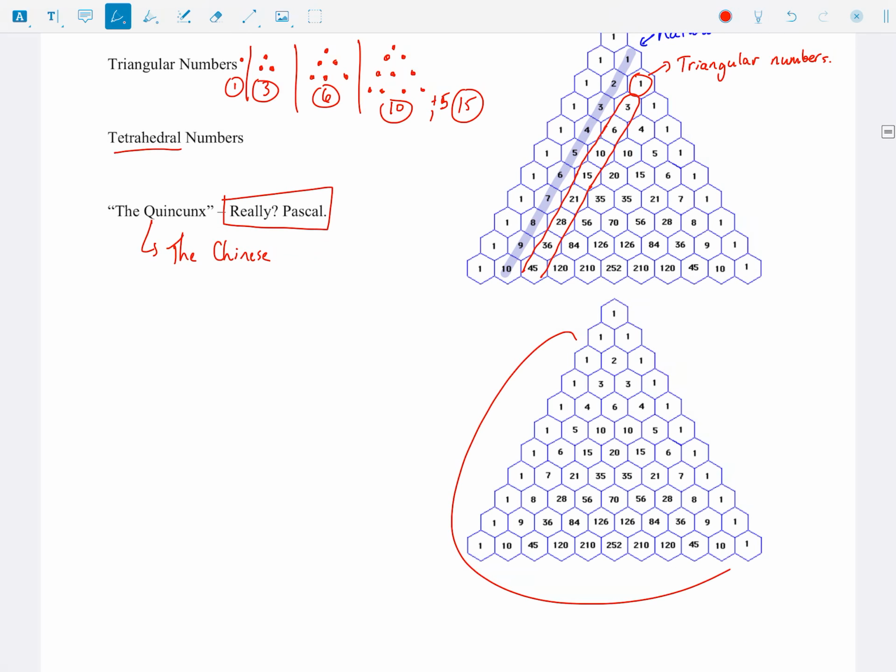So this picture right here was done in Chinese long before we ever even thought of it or Pascal thought of it. So the Chinese were using this concept a long time before Pascal.